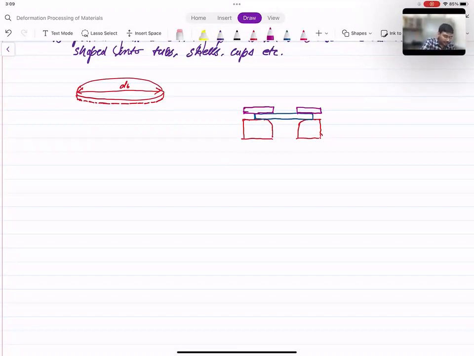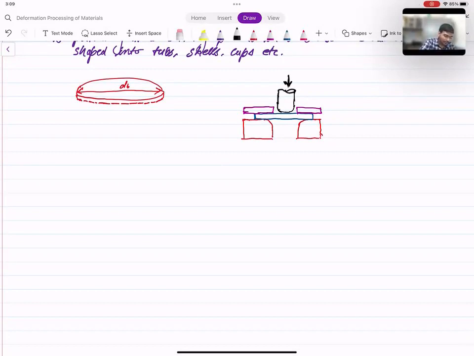And there will be a punch like this, which will be pressed so that it pushes the blank into the die so that it takes the shape of that particular die.